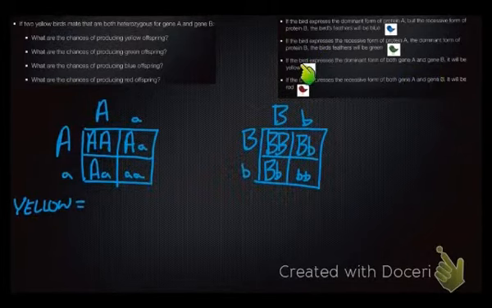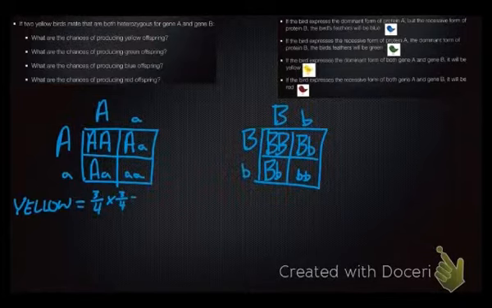So, how many of these are expressing the dominant form of gene A? We've got 1, 2, 3 of our 4 for gene A. And we're going to multiply that by our odds of expressing the dominant form of gene B. So we'll have 1, 2, 3 out of the 4 for gene B.